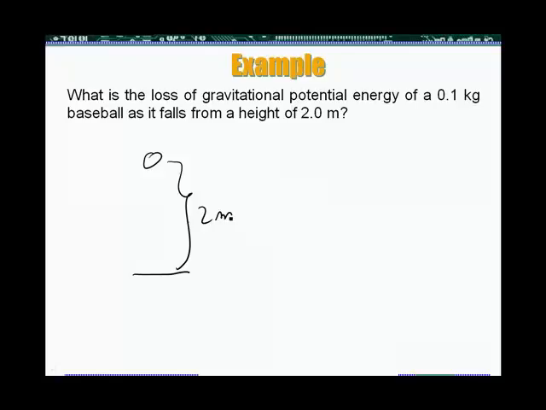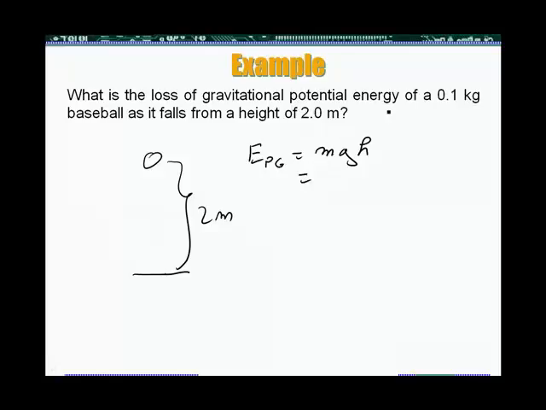Now, if we set our reference point at ground level, then our gravitational potential energy, EPG, is going to be mgh, with h being 2 meters.